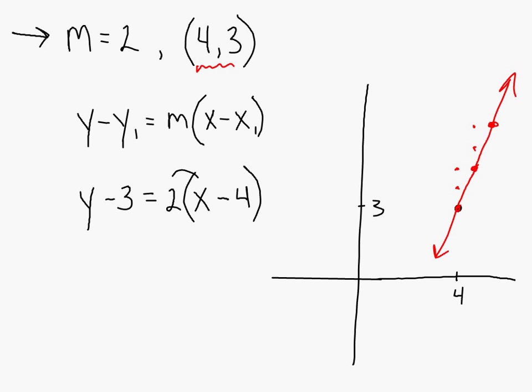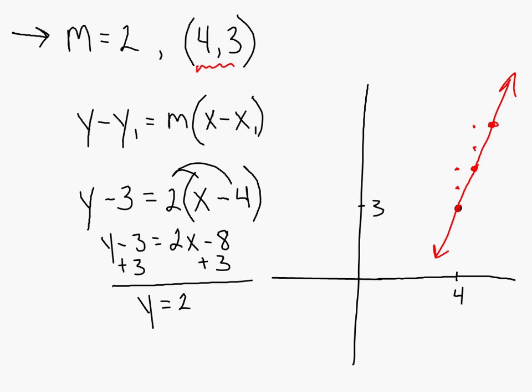Could you do the distributive property right here and say that y minus 3 equals 2x minus 8? And then could you add 3 to each side? And y equals 2x minus 5? And then where does it hit the y-axis?